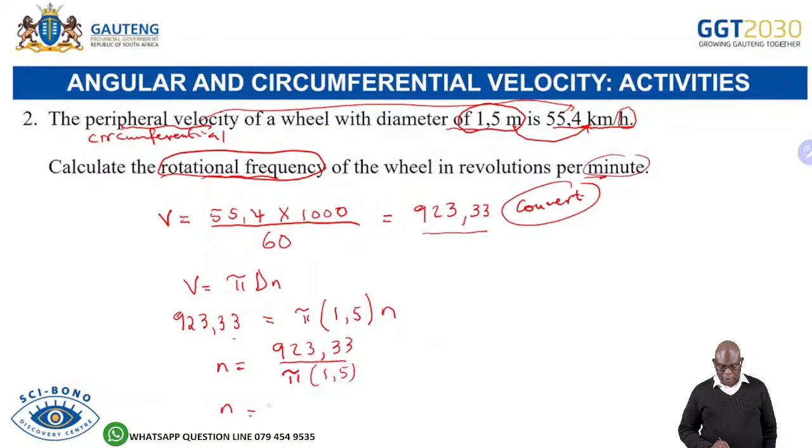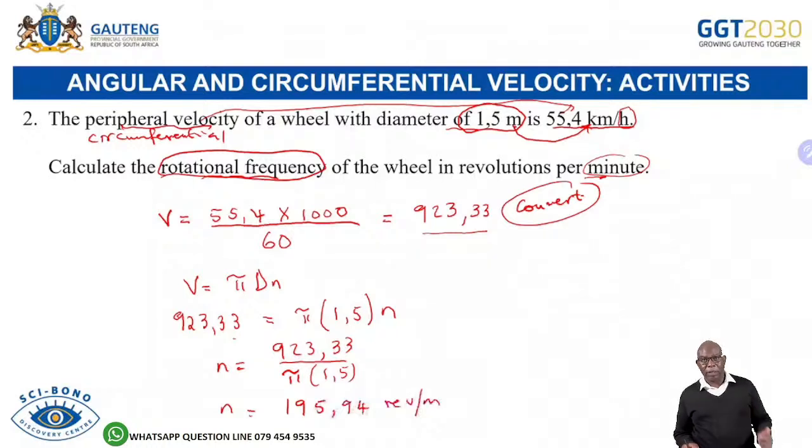So 923.33 divided by pi times 1.5, and the n value will be 195.94. And this is revs per minute. I need the revs per minute. I don't need it per second. If I needed it per second, I would have divided that by 60, so that I can take it from minutes to seconds.